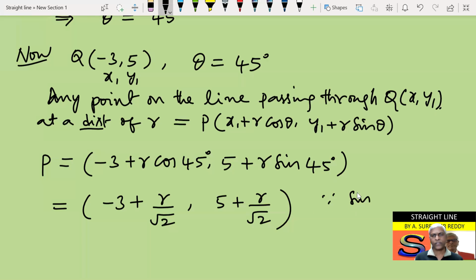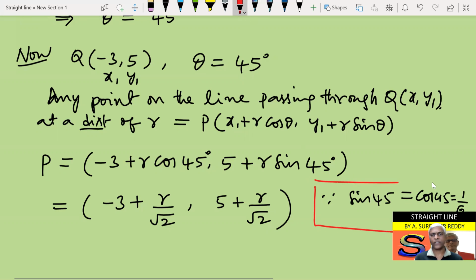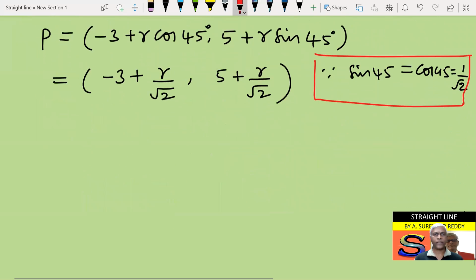Sin and cos are both equal to 1 by root 2 for 45 degrees. So these are the coordinates of P.